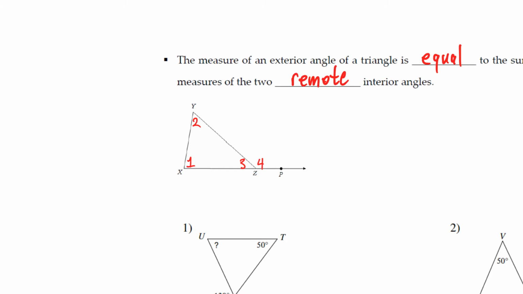Then we shaded angle 1 and 2 in and ripped this piece of paper off. When we took angle 1 and 2 and put them together, did they fit into angle 3 or into angle 4? Good, they fit into angle 4.